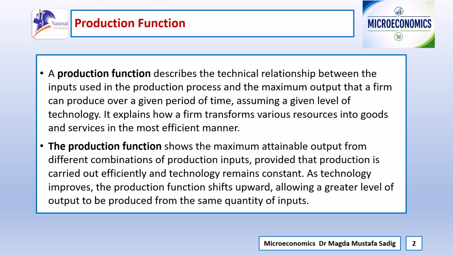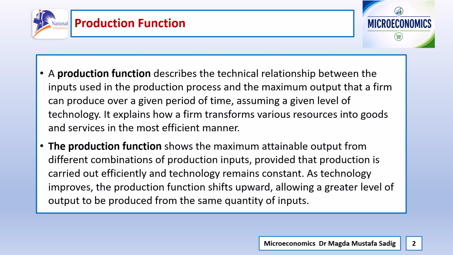Let us begin with the meaning of a production function. A production function describes the technical relationship between the resources used in production, called inputs, and the quantity of goods or services produced, called output.